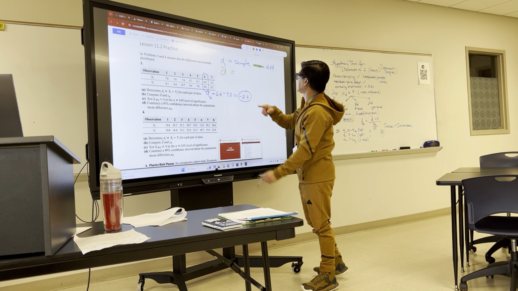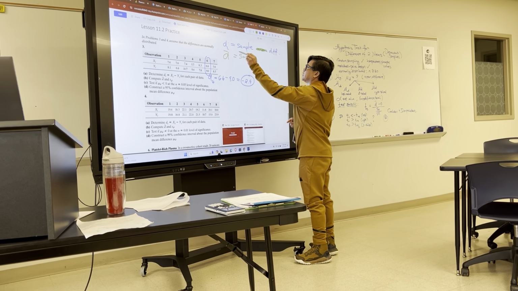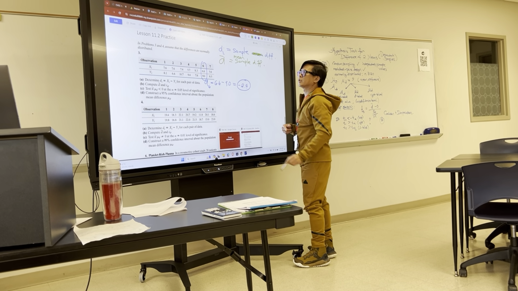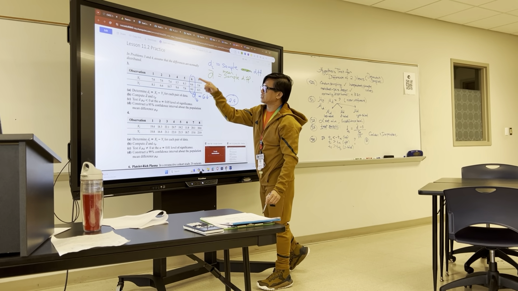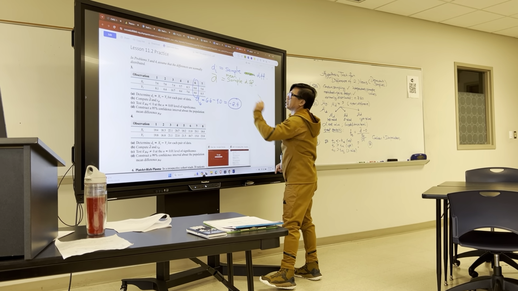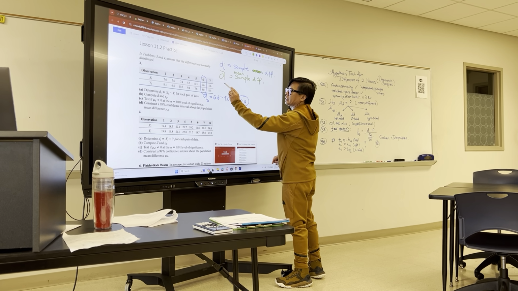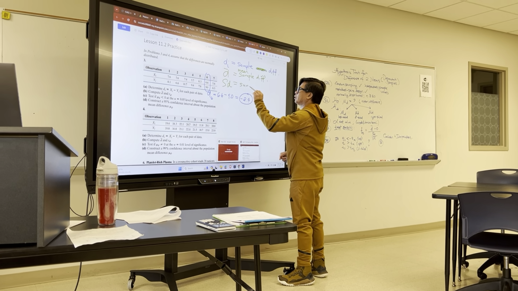D hat is the mean of the sample differences, the mean sample difference. The Di are the sample differences of each of those values, and SD is the sample standard deviation.